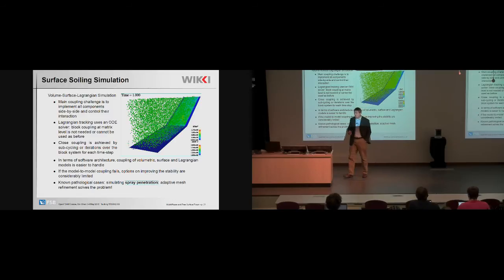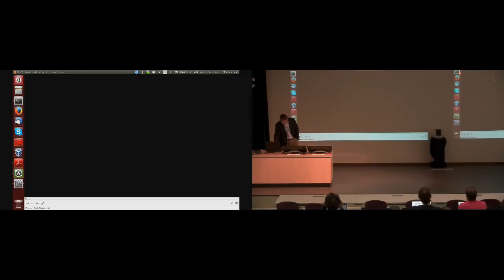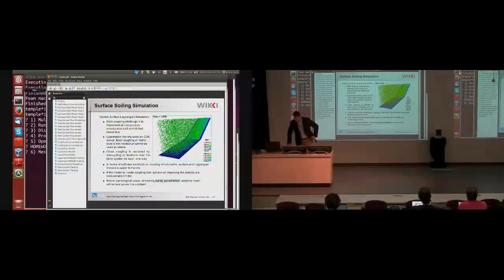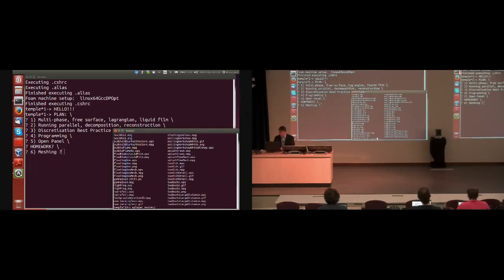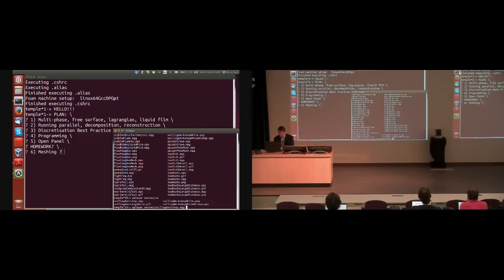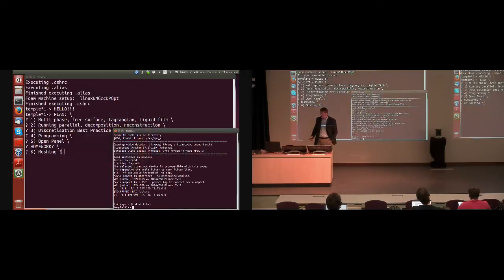The flow goes from left to right, and you can see how the injected particles in the domain run through the domain and eventually hit the wall.